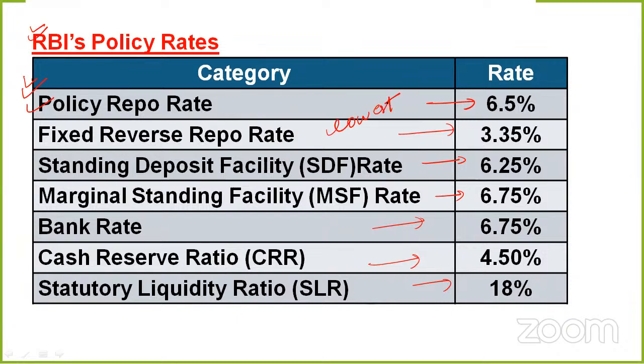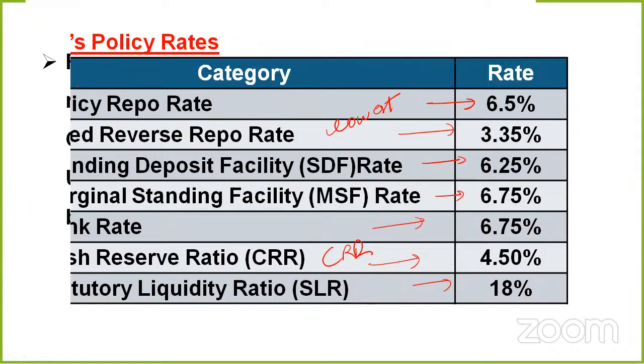After that in the row is CRR. So you can remember it like the fixed reverse repo rate, then CRR, then both others would come. Both others here are, first SDF, that is 6.25%, and after that the policy repo rate. More than that is the MSF rate, and last and highest is SLR, at 18%.